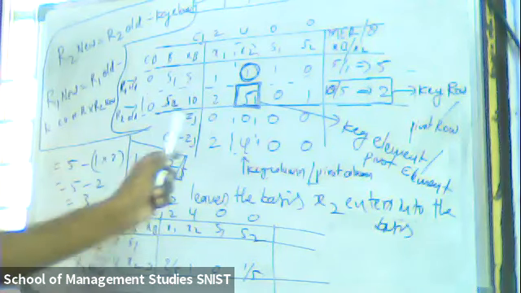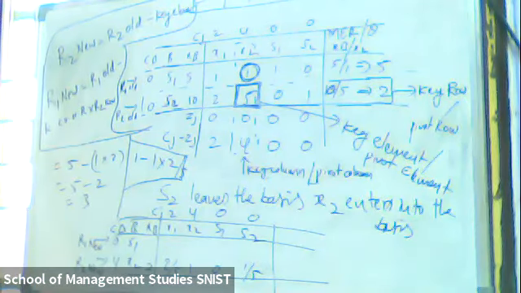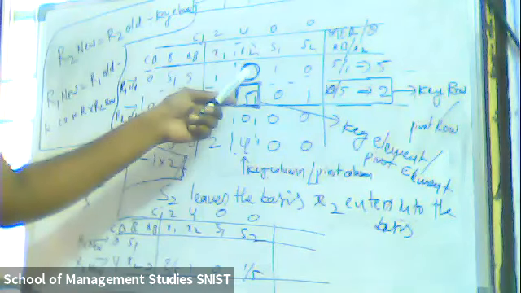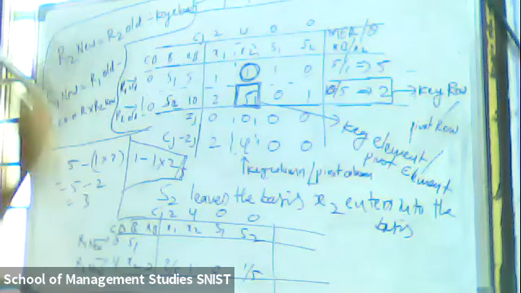For time being, let us assume that we did not get this key row, we got this one. Now which one leaves the basis and which one enters the basis? S1 leaves the basis and X2 enters the basis.